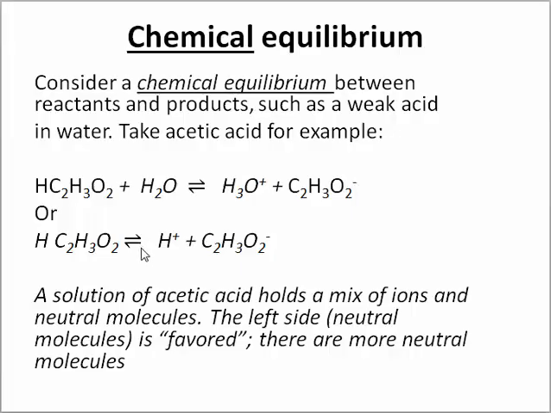Students should remember that these two ways of writing this equilibrium are equivalent. Again, a solution of acetic acid actually holds a mix of ions and neutral molecules, products and reactants. You will remember the left side is favored. There are more neutral molecules. This is an example of an equilibrium you've already seen.